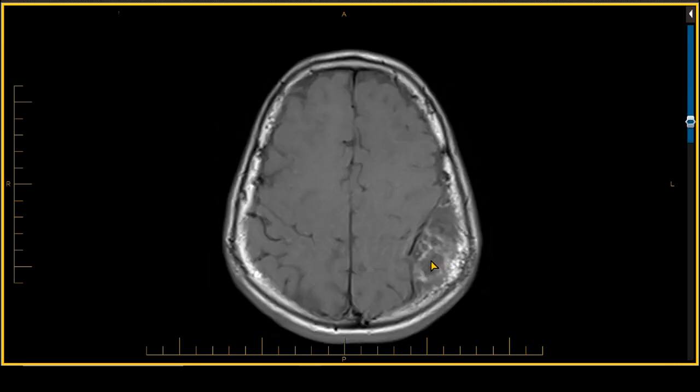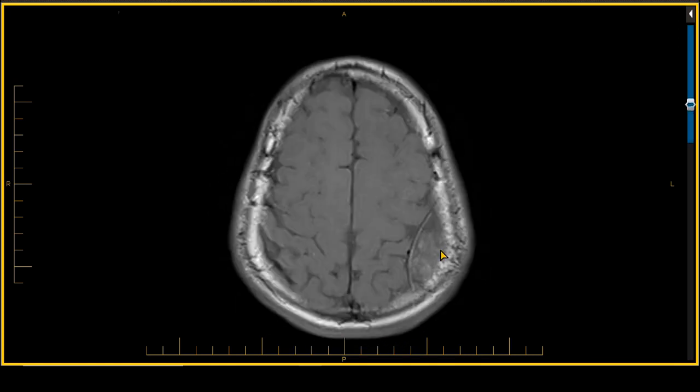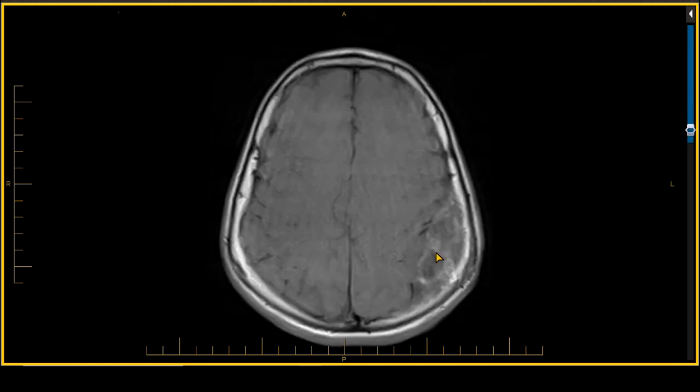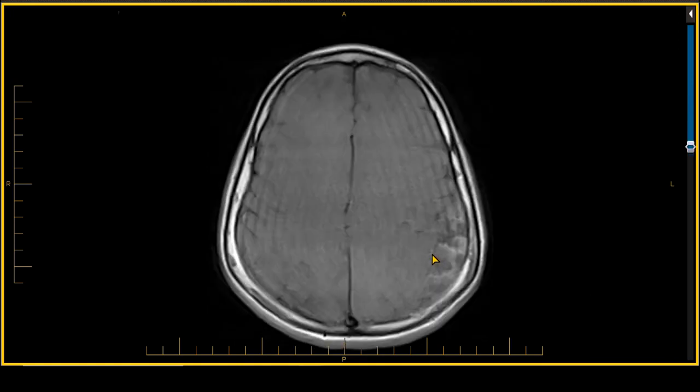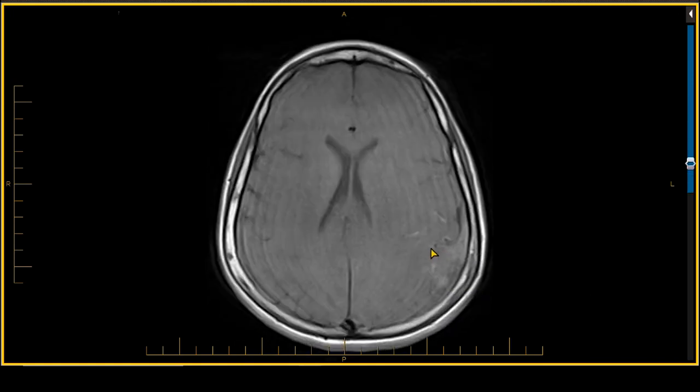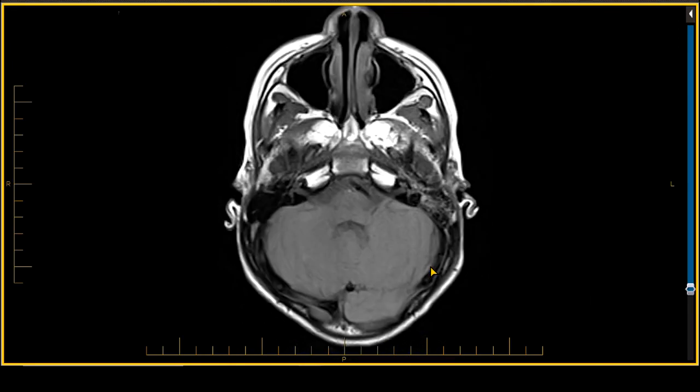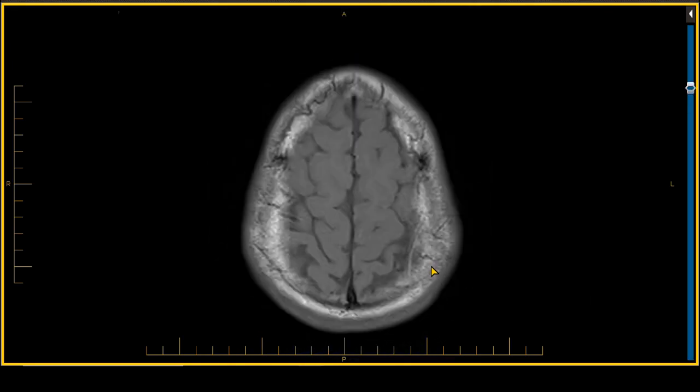And this is both dark on T1 as well as areas of high signal on T1. And by virtue of the fact that it was dark on T2, we know that this is deoxyhemoglobin. You see that there are some blood products in the subarachnoid space as well. Other than that, not too bad.